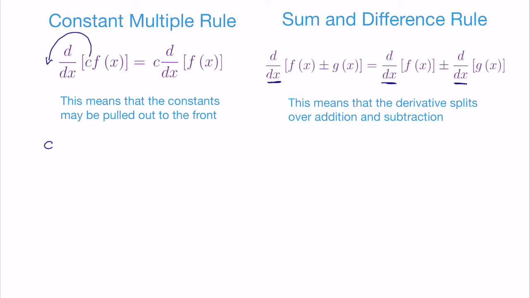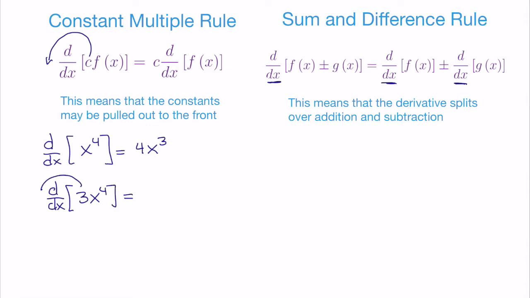We already did the derivative of a power function. I bet you know how to derive this. So yeah, the 4 goes to the front, that's 4x, and subtract 1 from the power, you get cubed, that's it. Alright, now suppose you have a constant in the front. Instead of that you have 3x to the 4th power, and then what happens is the 3 goes to the front.